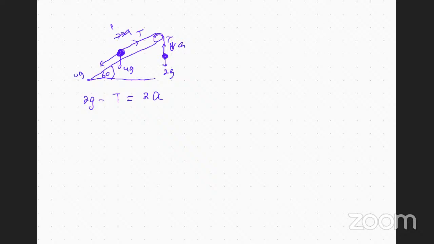We have the two forces causing the acceleration. So tension minus 4g sine 60 is equal to the mass, 4, times a. So T minus 4g sine 60 is equal to 4a.